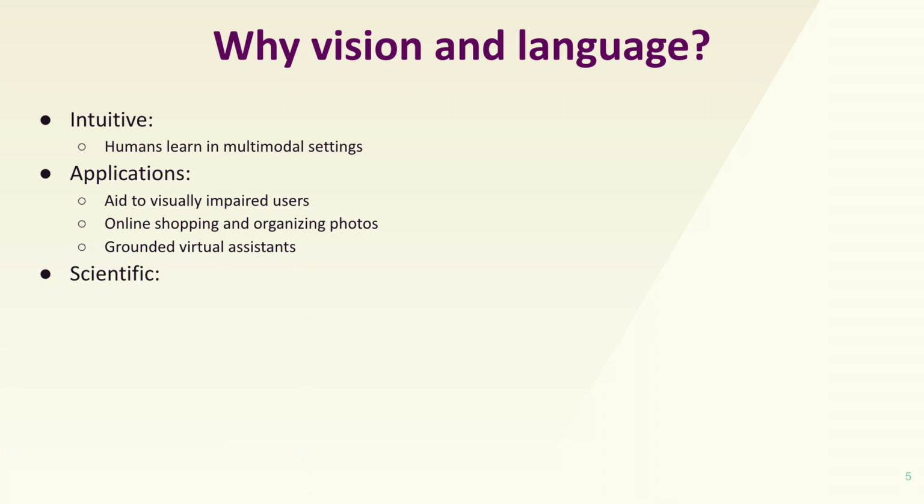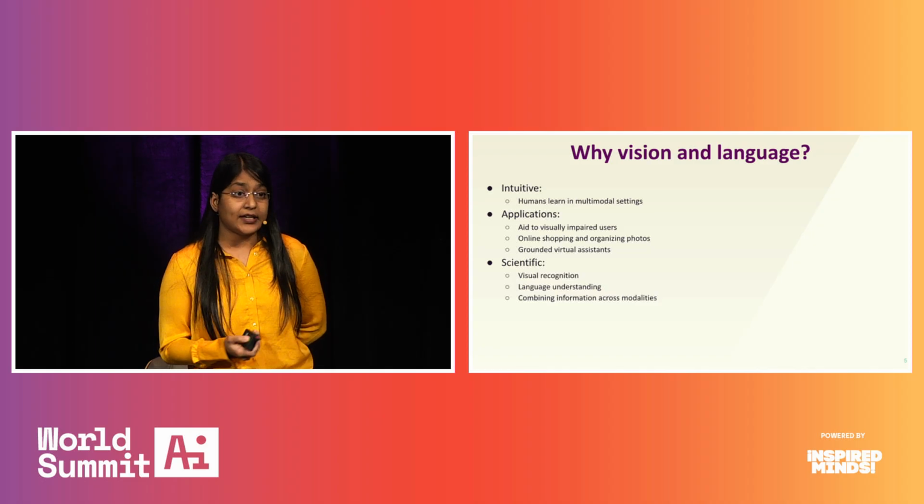But to me, the biggest motivation to work in this field comes from the numerous scientific challenges that are involved in working on vision and language research. This research requires dealing with visual recognition, being able to understand the contents of an image. It requires dealing with language understanding, being able to understand the meaning of a sentence, and also language generation. It requires combining information across modalities. Vision and language are inherently very different modalities.